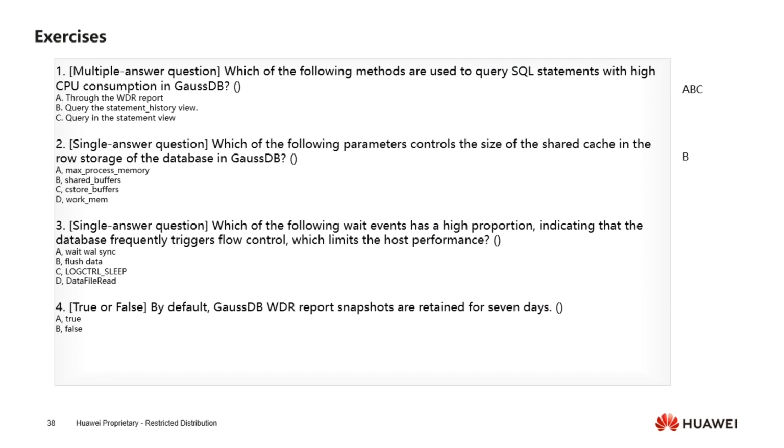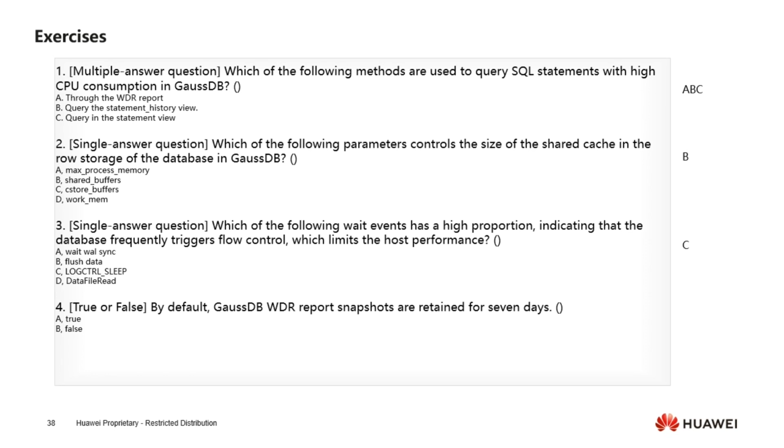The third one asks which of the following wait events has a high proportion, indicating that the database frequently triggers flow control, which limits the host performance. And the answer is C. Flow control is just another name for load control.